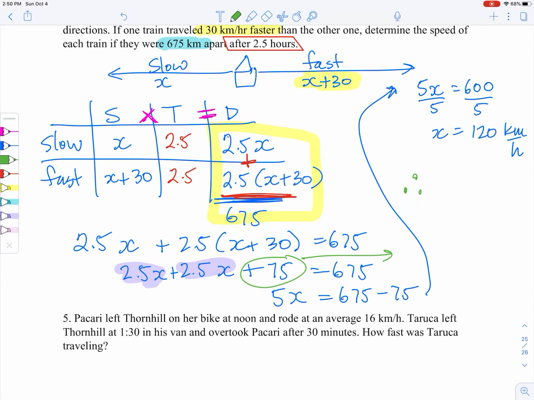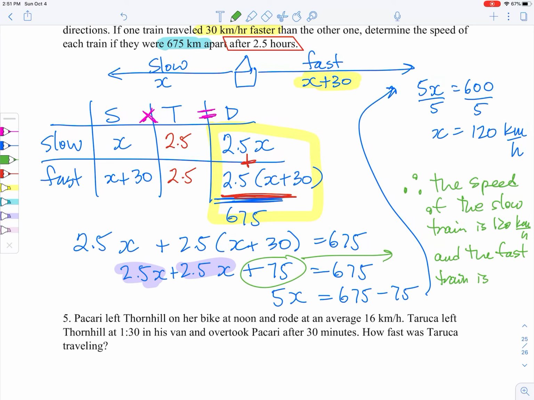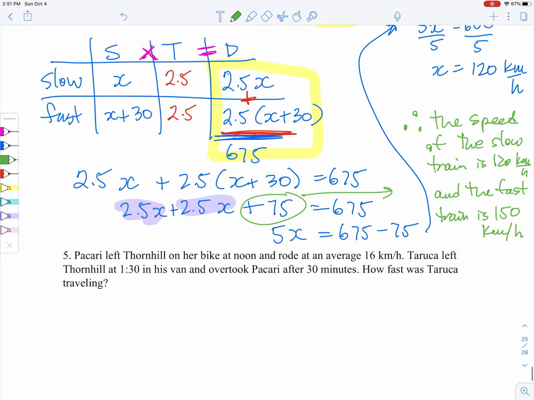So therefore, the speed of the slow train is 120 kilometers per hour, and the fast train was x plus 30, so that's 120 plus 30, so 150 kilometers per hour.